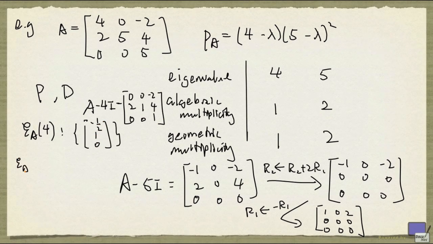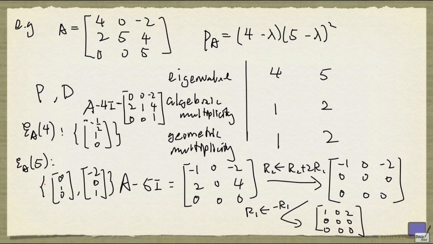What about the eigenspace for the eigenvalue 5? Here we're looking at a basis for the null space of this, and it doesn't take too long to see that we can take (0, 1, 0) and (minus 2, 0, 1). So these two vectors give a basis for the eigenspace for the eigenvalue 5.